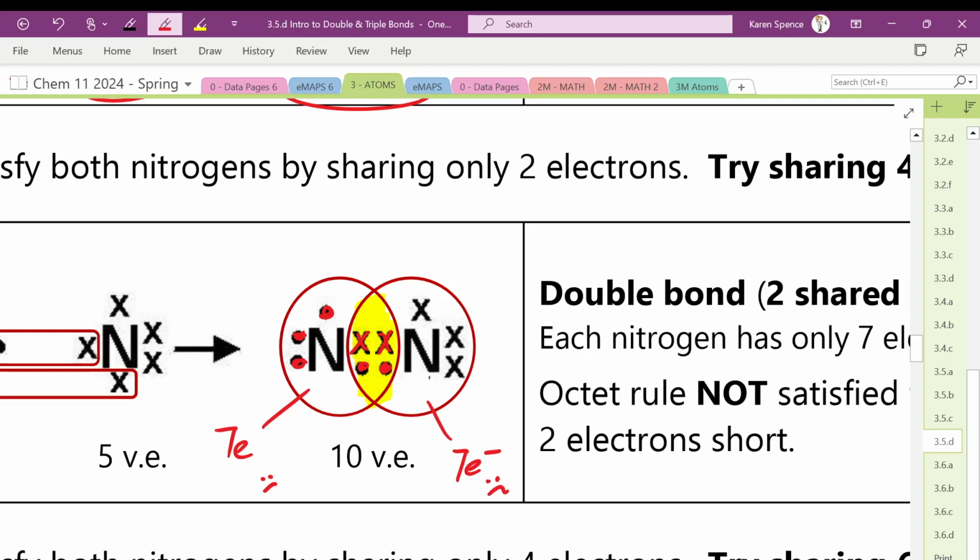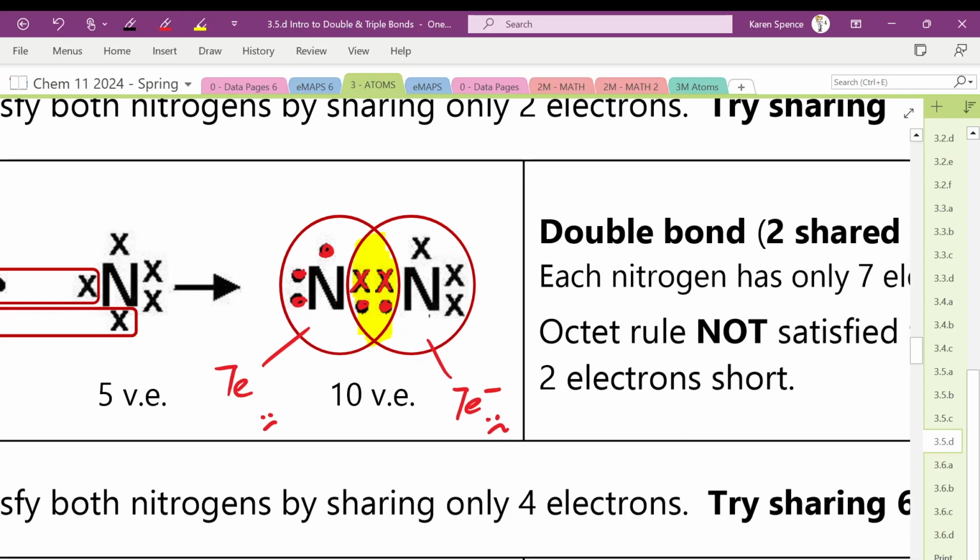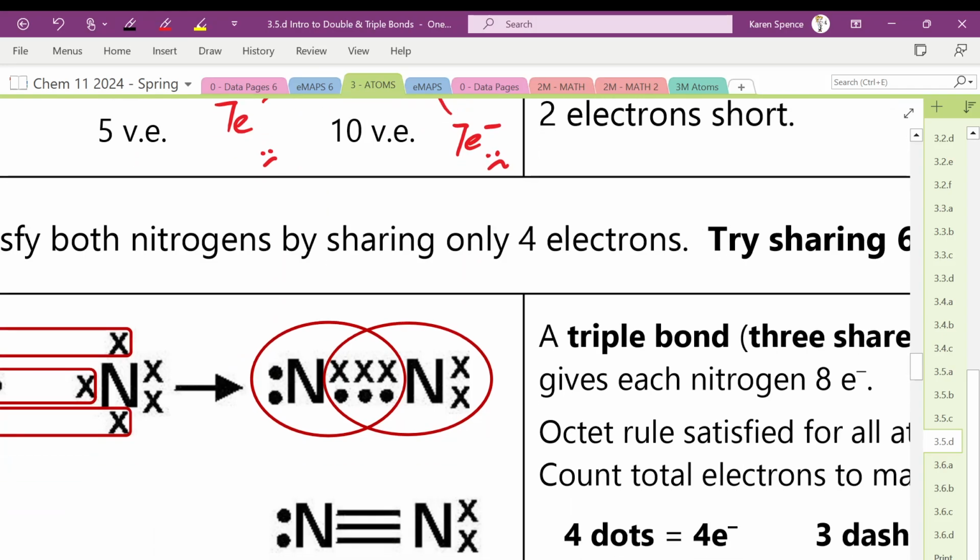How could we fix it? We could share 3 pairs, 6 electrons. Okay. Oh, look at that. So now the nitrogen on the left has 1, 2, 3, 4, 5, 6, 7, oh good, 8 electrons. And this guy over here has 8 electrons.